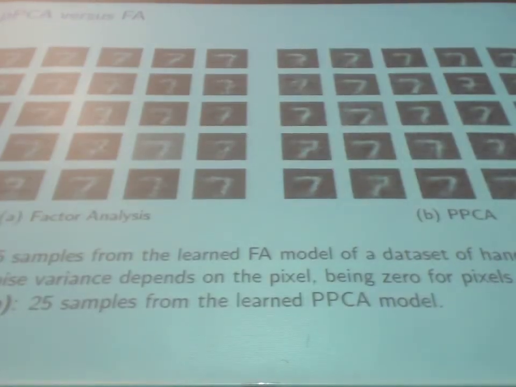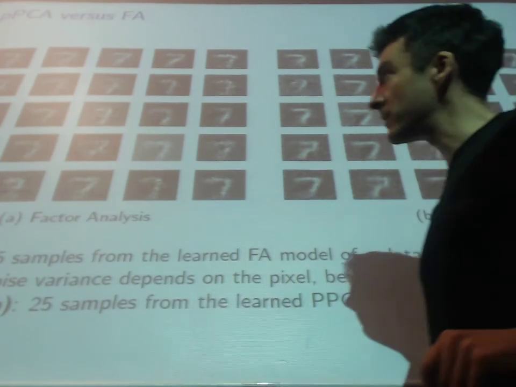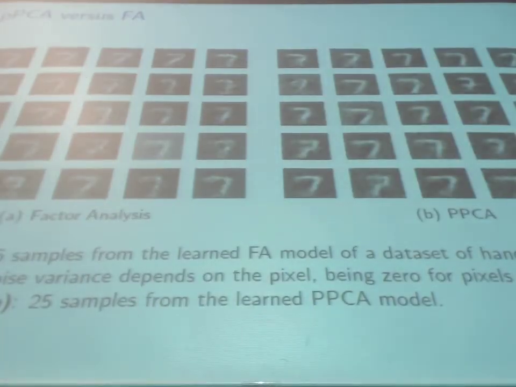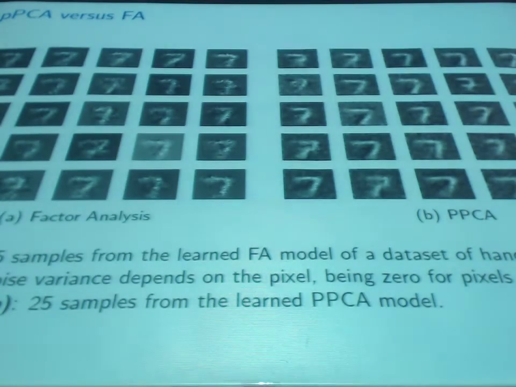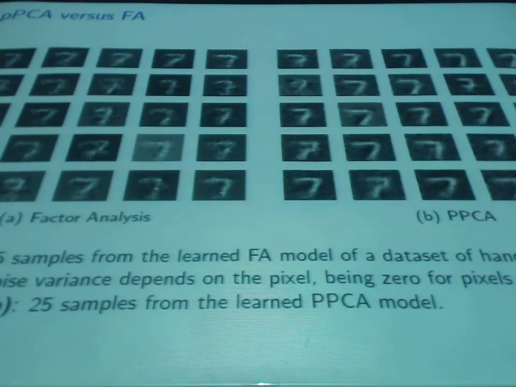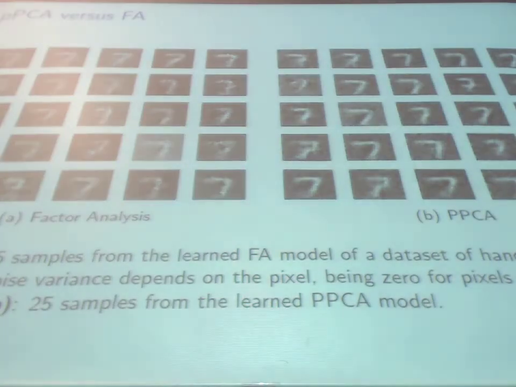Okay, so what's the difference between these things? Here are some digits, some handwritten sevens. It's an experiment. I've taken a bunch of sevens and tried to fit factor analysis to them using some low dimension, probably 10 or something like that.